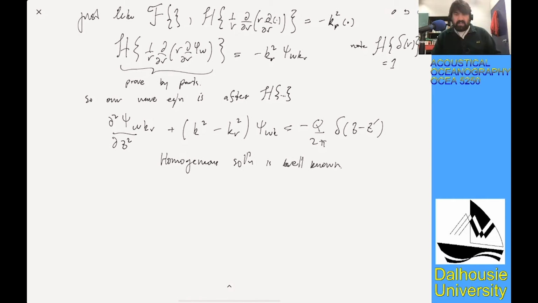It's going to be a linear combination of complex exponentials or sines and cosines, depending on some details of the problem. Basically, we could add as many of those as we like to the solution because they're homogeneous. But how do we deal with the inhomogeneous part? Well, we need to transform again.